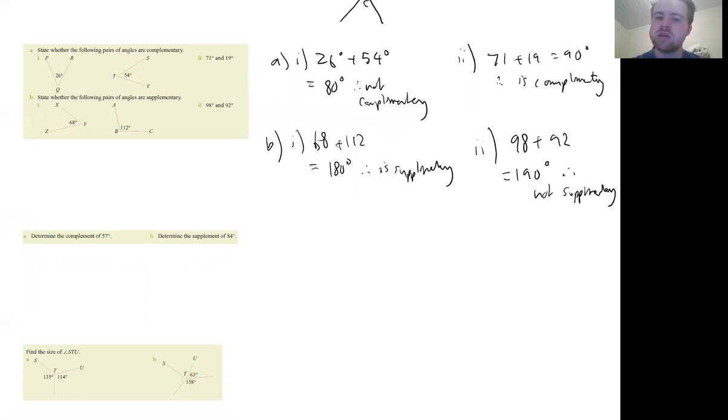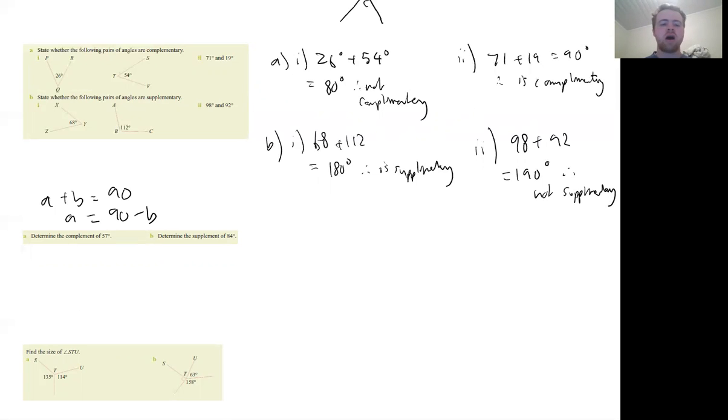The easiest way to do this is to subtract the angle we're given from either 90 or 180, depending on what we're finding, and that will give us the complement or the supplement. This works just like in a normal equation: if you have A plus B equals 90, then A is going to equal 90 minus B. We're essentially just rearranging that equation to make the angle we're trying to find the subject.